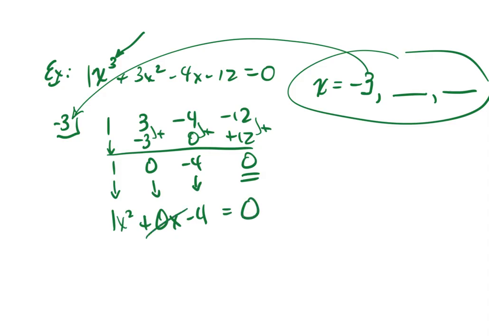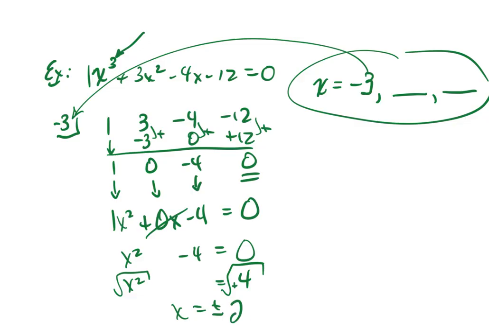And if we just drop the 0x off of that, we'd have x squared minus 4 is equal to 0, and we can either factor that using difference of squares or move the negative 4 to the other side by adding, and then get rid of the power of 2 by taking the square root. So we get x equals plus or minus. Remember, whenever we take the square root of a number, plus or minus, and the square root of 4 is 2. So the other solutions then would be positive 2 and negative 2.